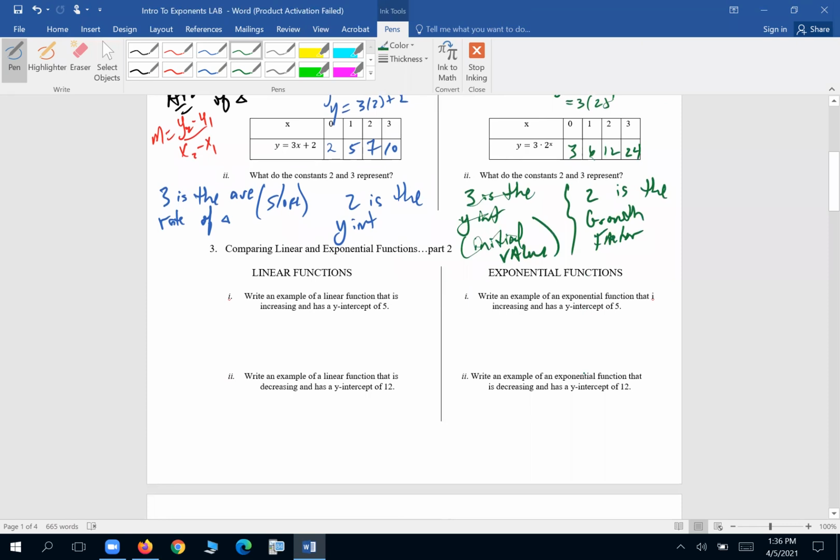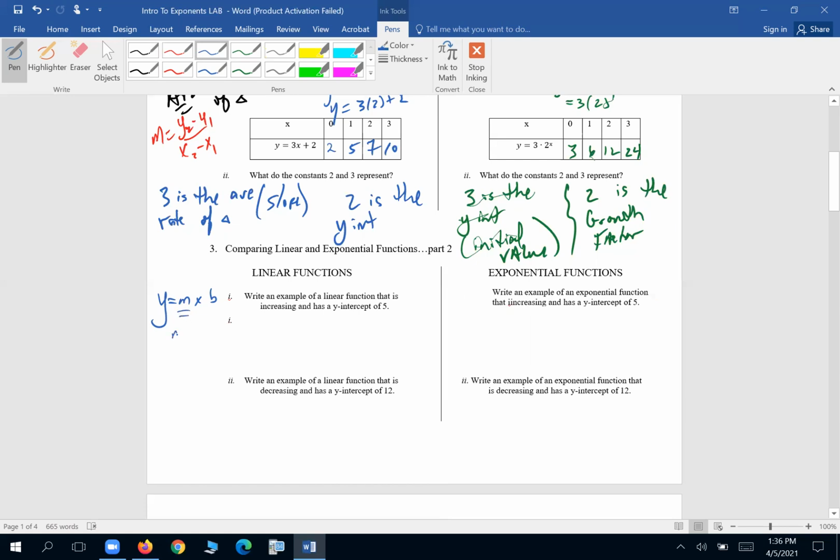where you're going to compare linear functions and exponential again. So let's go back to blue. Look at part 1 here. Write an example of a function that is increasing and has a y-intercept of 5. So all I have to do to be increasing is have a slope that needs to be positive.